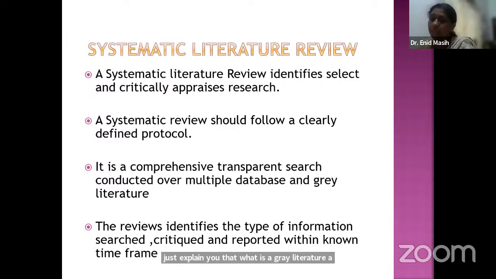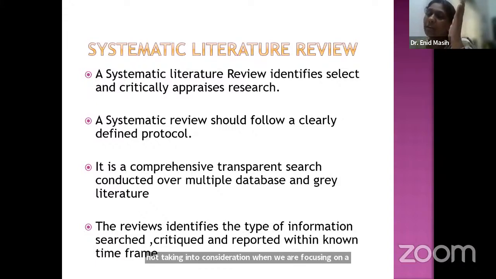Grey literature is basically material provided by organizations outside of traditional, commercial, and academic publication. Whatever papers are published by the government can be called grey literature. We do not take this type of grey literature into consideration when we are focusing on a traditional literature review.